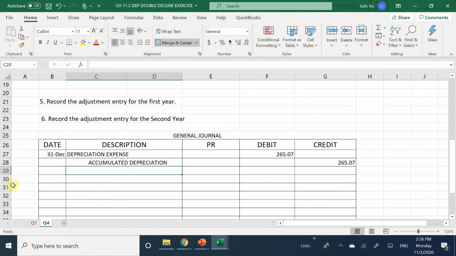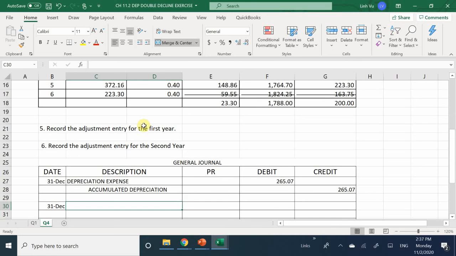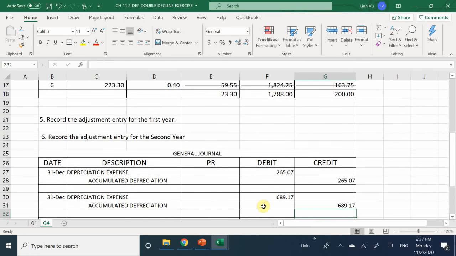All right, question number 6 says, how do you journalize the depreciation expense for year number 2? Year number 2 is also going to be the depreciation expense, and then accumulated depreciation. Accumulated, good. The amount is the $689.17. Good. 68917. Right.